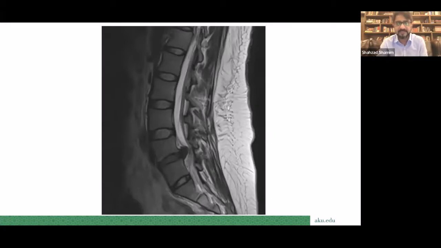Now there are many grades of disc herniations, and disc herniation is a pathology of mostly young people. So you would see disc herniations in patients from the range of 20 years to 40, 45 years. Why? Because as you grow older, a couple of things happen. Yes, the annulus fibrosus becomes weaker.